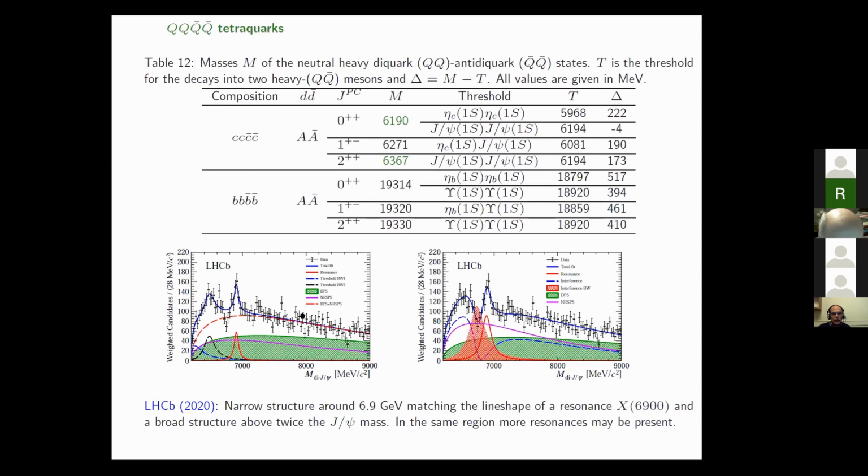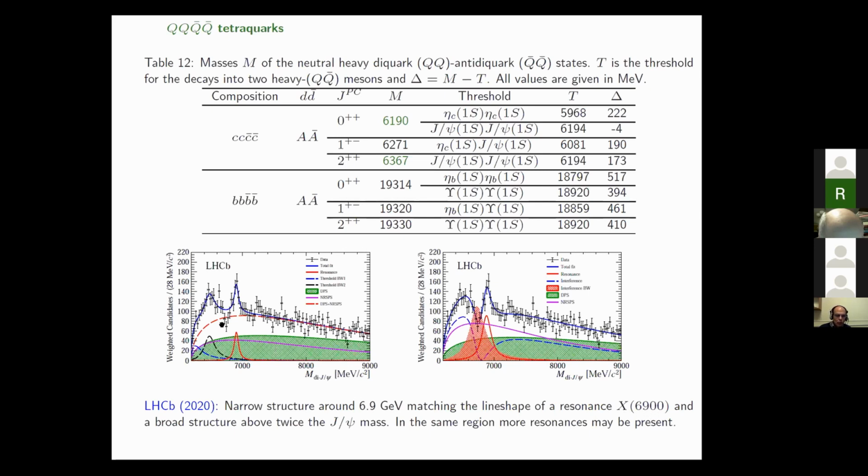And this summer the LHCb Collaboration published their data, and they observed a narrow structure here, which is around 6.9 GeV, which is matching the line shape of a resonance. They called it X6900.